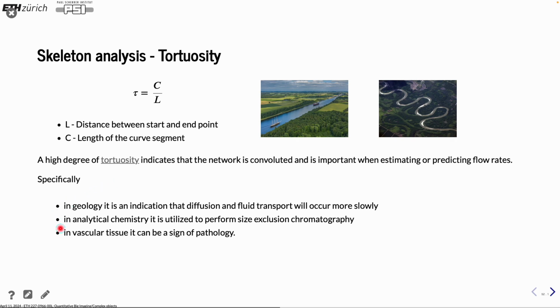Also, in chemistry, you can use it for some size exclusion. In vascular tissue, it can also be relevant to look at. If you remember the picture I had of the blood vessels, they were quite curvy and twirling around. So depending on how the blood vessels are organized, you can tell something about the health status of that patient.